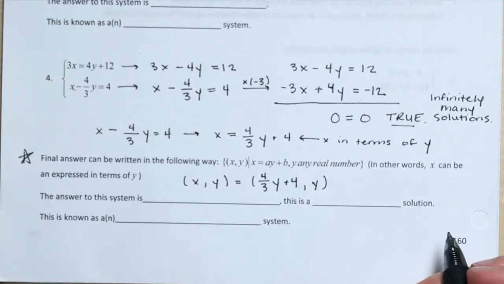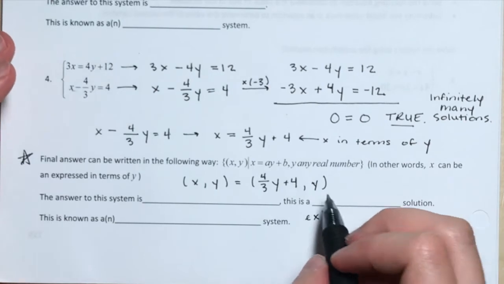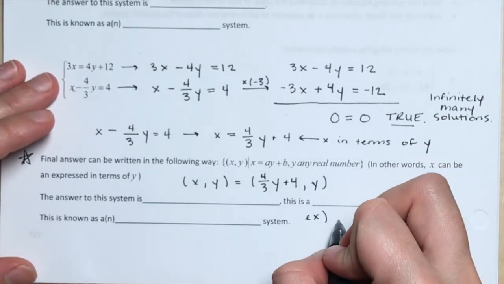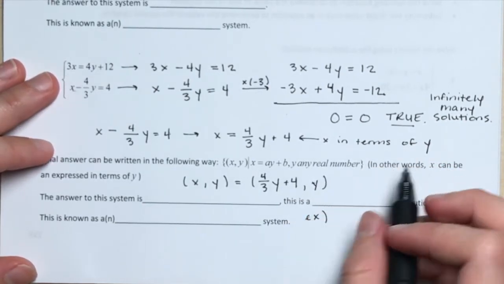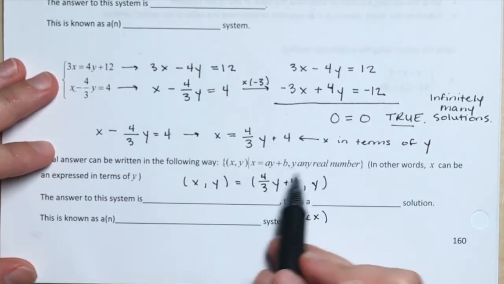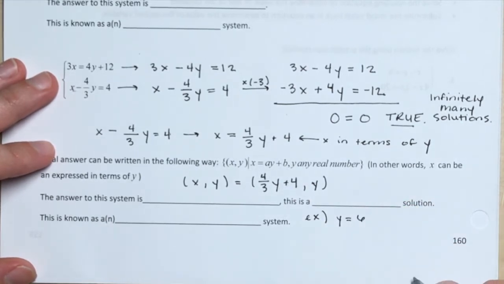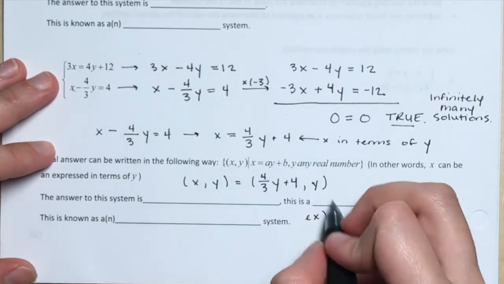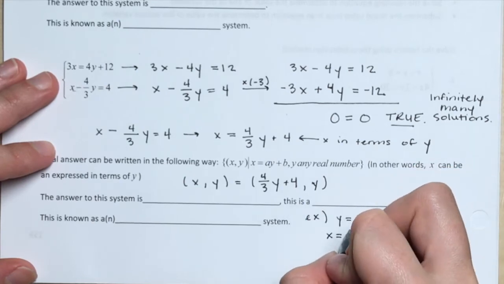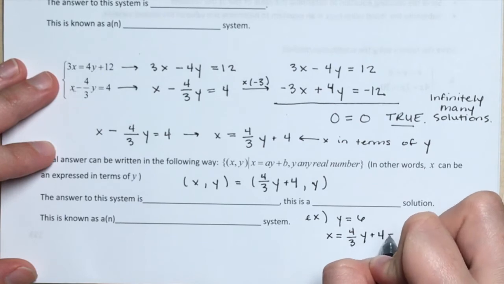Now, what does this mean? I know I don't have a ton of extra room here, but I'm going to do sort of an example down here. What this means is that if I pick any y value, then a point that's going to be a solution to this system of equations is going to have this structure. So for instance, let's pick y equals 6. If y is 6, then x is going to be 4/3 y plus 4.